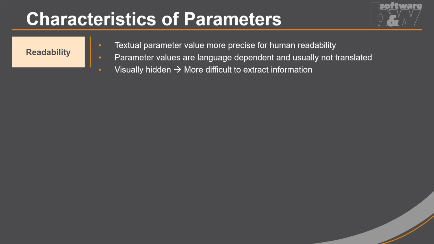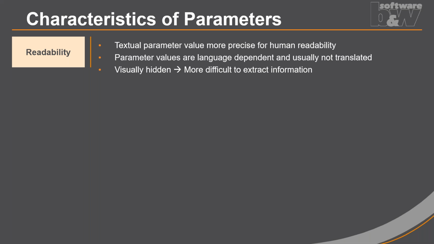Well, a textual parameter value is a lot more precise for human readability than a color, because it's very difficult for a human to distinguish colors more than, let's say, 20 of them. But you can have hundreds of parameters and parameter values that you can distinguish easily.